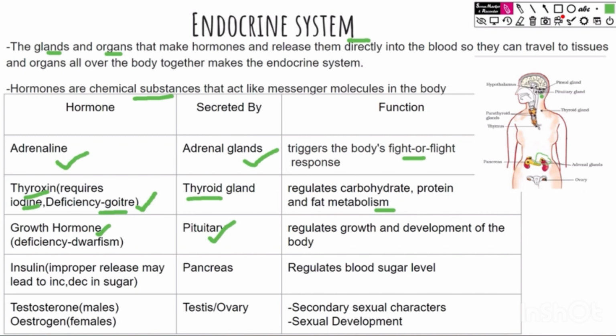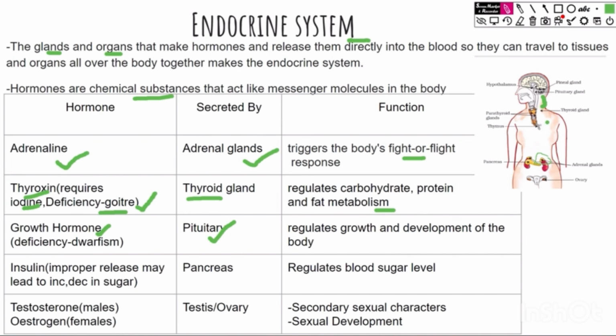So this pituitary, for example, has to act on thyroid gland. So pituitary sends a message or a signal to the thyroid gland to start releasing thyroxine. So then thyroid gland starts releasing thyroxine. So pituitary also acts like a master gland because it controls the actions of other glands as well.